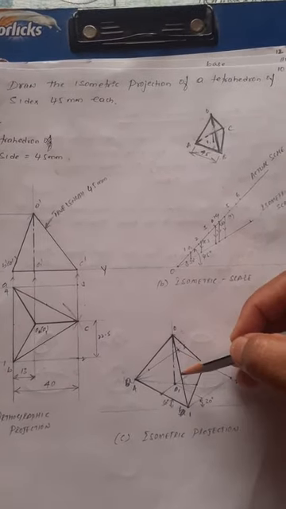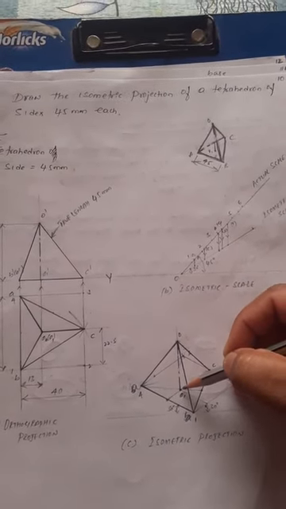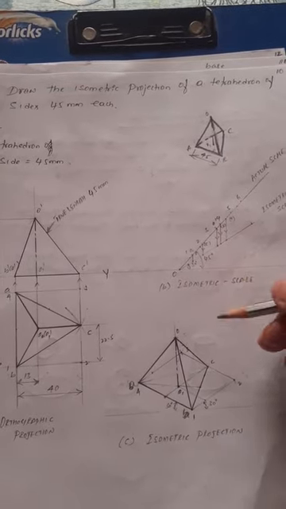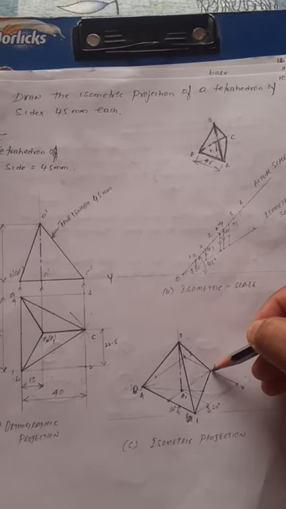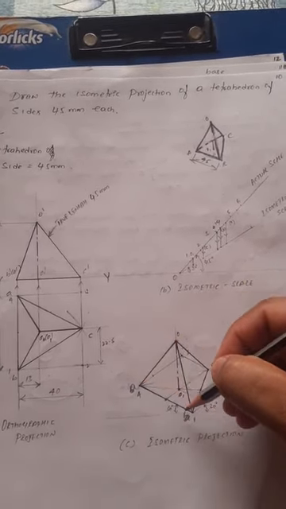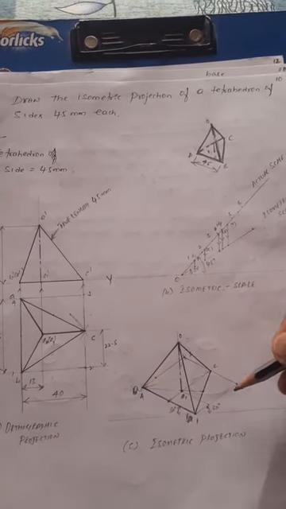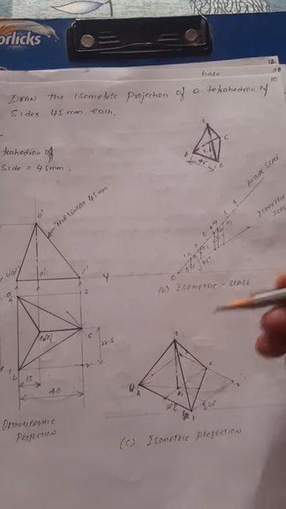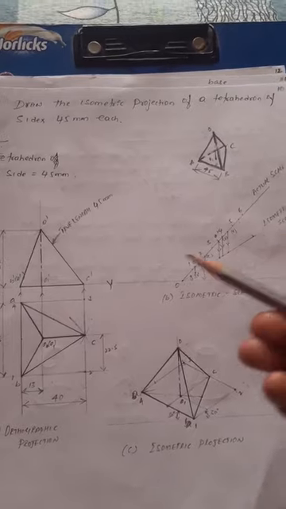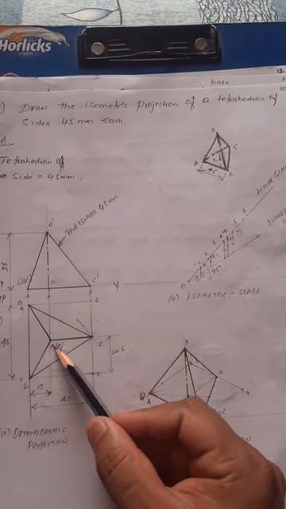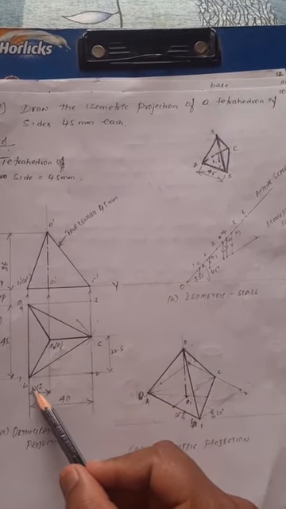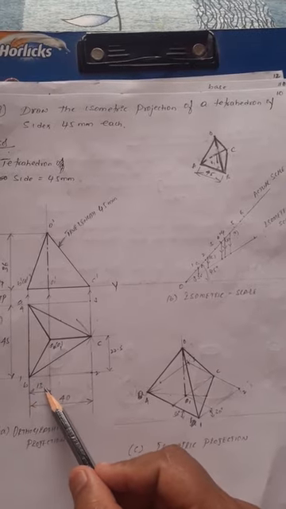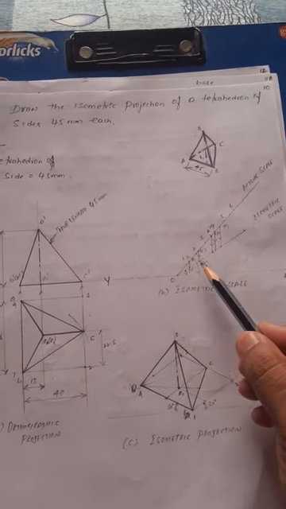Then find the center of the base of the tetrahedron. How do you find it? Take a corner and the middle of the opposite side. That is one method. The second method: as you know, from the center O1 horizontally it is almost 13 mm. Convert to iso, 30.